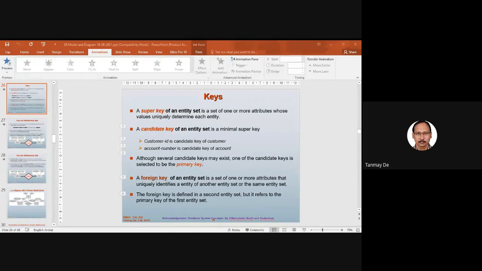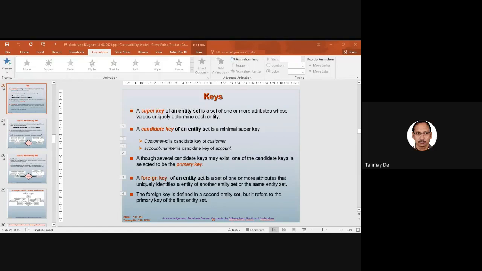So the combination of customer ID and customer name is a superset of the customer ID. Similarly, this is also a superset of the customer ID. The superset of the candidate key is the super key.